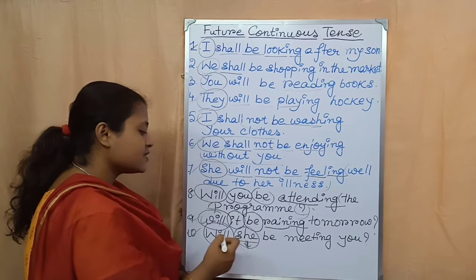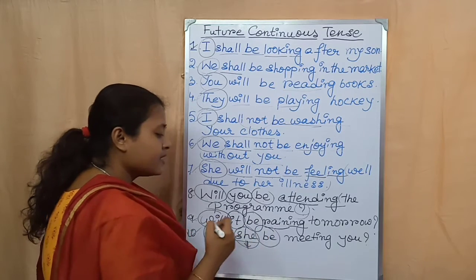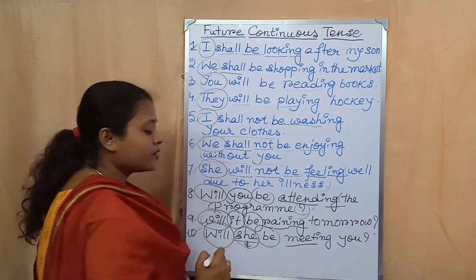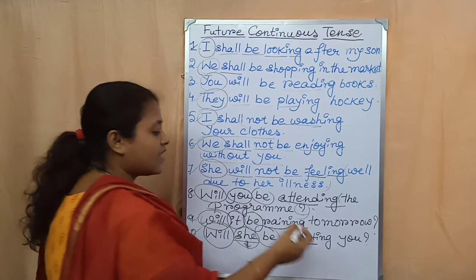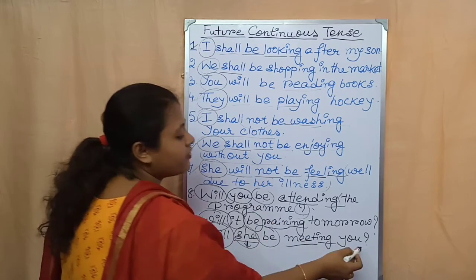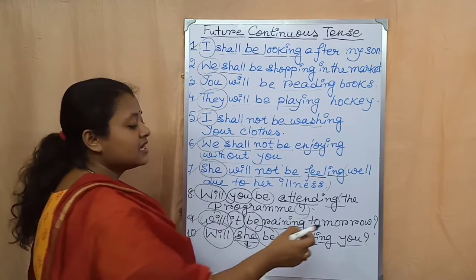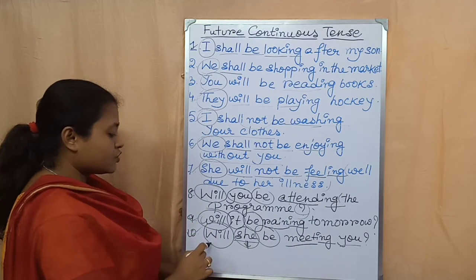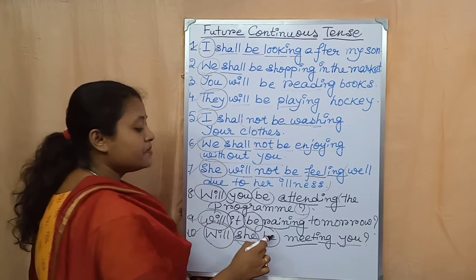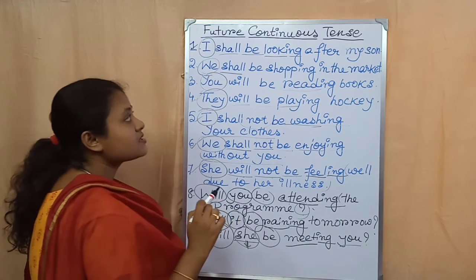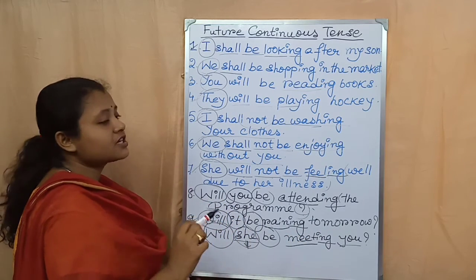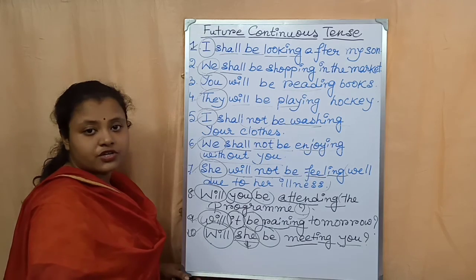This is a subject. After that be, then the present form of the main verb, that is meet. After that the ing, then the rest of the sentence, and at the end the question mark is there. So will she be meeting you? This is an example of future continuous tense in interrogative sentence.